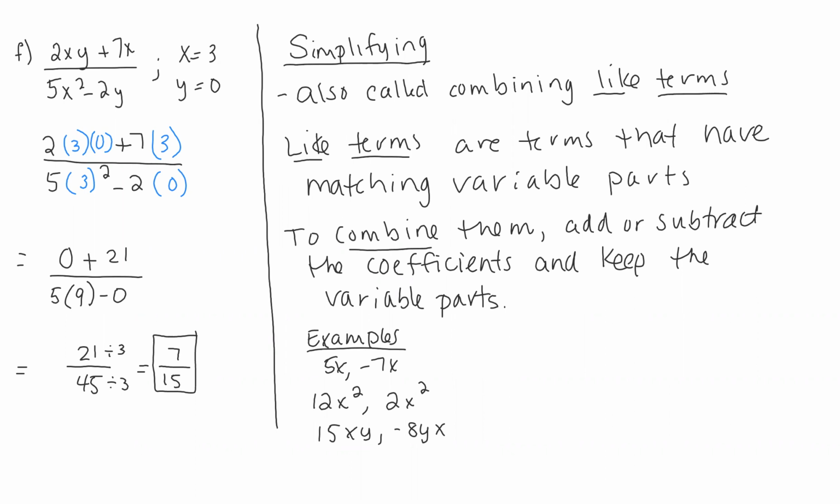Non-examples. So non-examples are things that would not be like terms. Something that would not be a like term would be 5x and negative 7x squared. While you have the same variable, you don't have the same exponents. Another non-example would be something like, let's say we had 15x squared y and then negative 8y squared x.